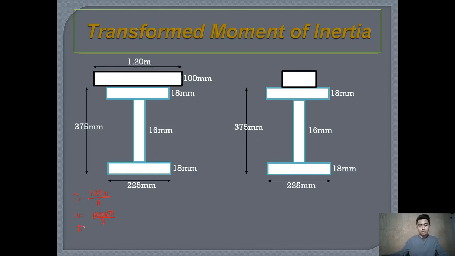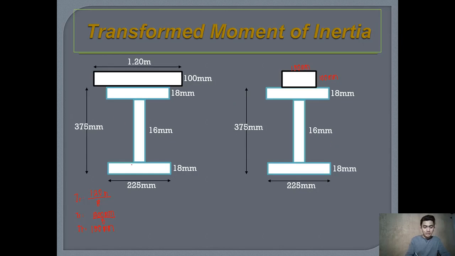TR now is equal to 150 mm. So we have here 150 mm as the transformed length of our steel section on our second diagram. So this is 150 mm with a thickness of steel 100 mm. All right.